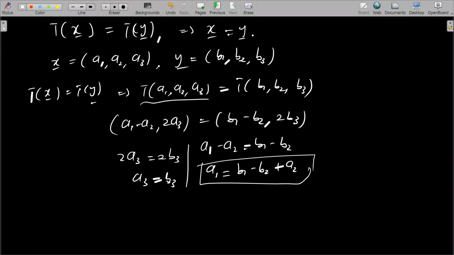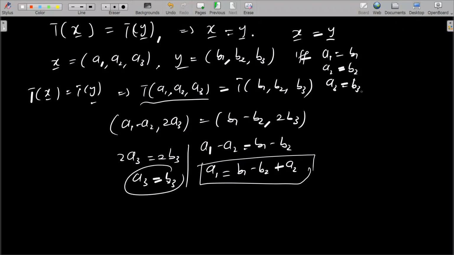Two vectors are the same, x is equal to y, if and only if a1 is equal to b1, a2 is equal to b2, and a3 is equal to b3. It means each individual component should be the same. But here we only have a3 equals b3 checked. The other one gives a1 equal to b1 minus b2 plus a2, and that is not giving us a direct relation between a1 and b1.